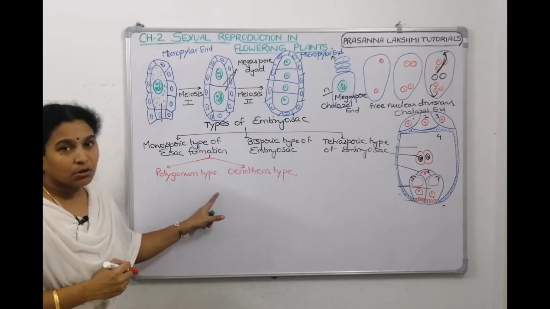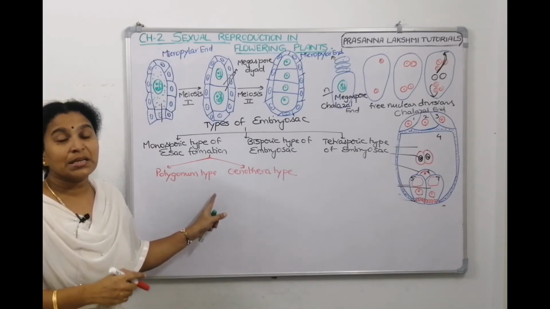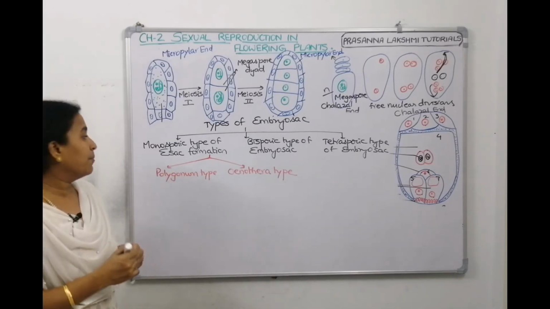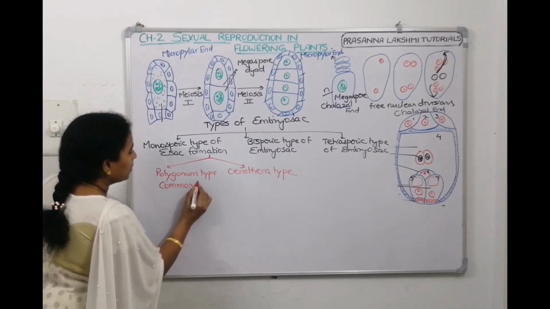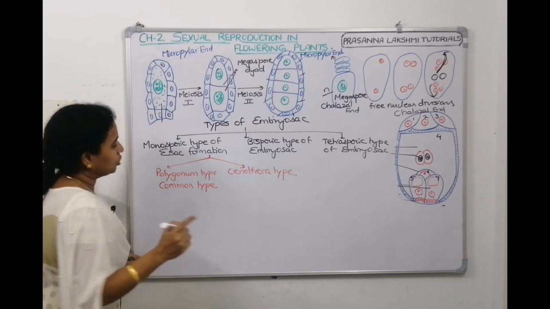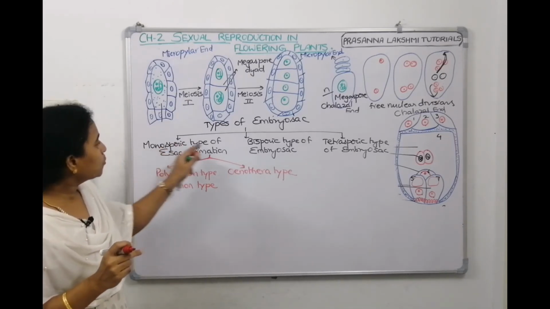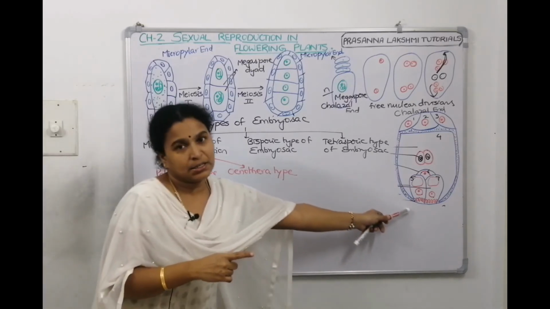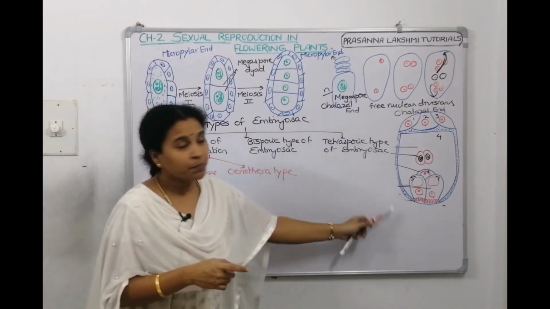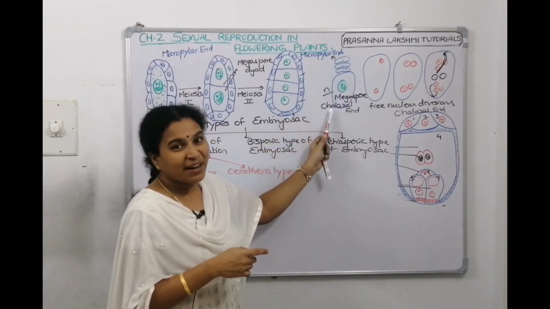What is polygonum type of embryo sac formation? This is the common type of embryo sac formation. What do you mean by monosporic type of embryo sac? From one spore, the embryo sac is formed. 3 degenerated, only one is there.